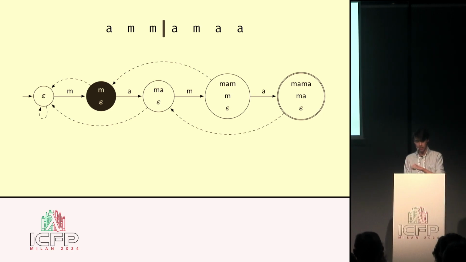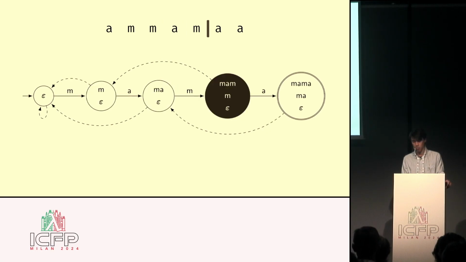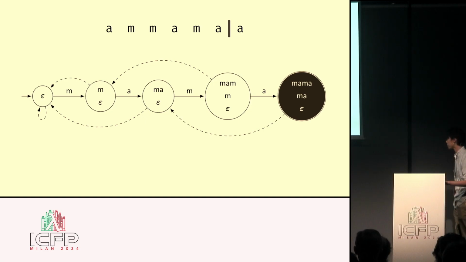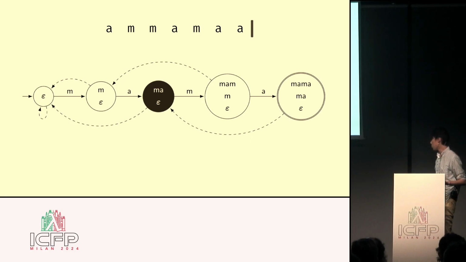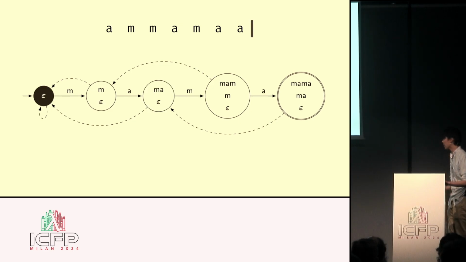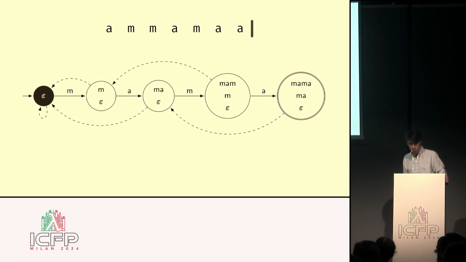OK, so we're going to see now a bunch of successful transitions, A, M, A at the end. And now if we wanted to keep going, we see another A, and we're going to go backwards. This is a failure to the middle state. And once again, backwards to the very end, or to the very beginning, I suppose.